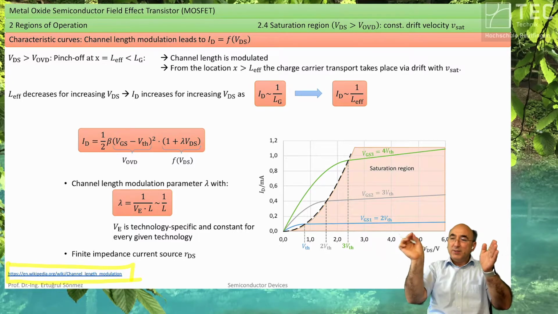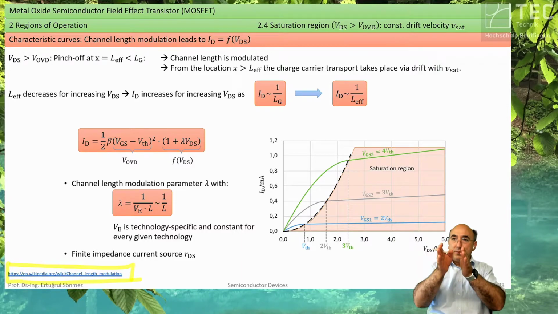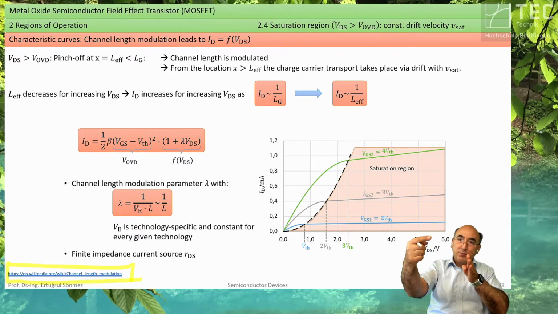If the same voltage change at the drain is applied to a transistor which is shorter, you generate the same change, but in relation to the full length, it has a higher percentage.